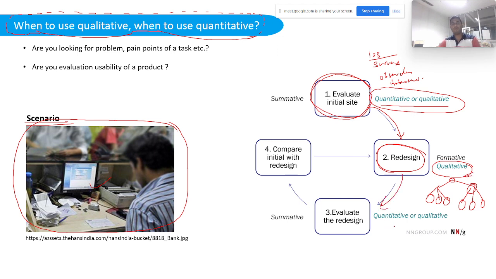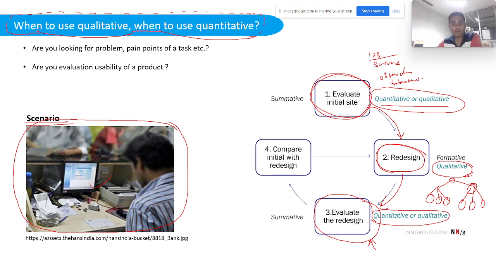Then when you go from the design phase to the evaluation phase again, you choose techniques which are either qualitative or quantitative. For example, qualitative can be something like conducting task analysis, or you can go for walkthroughs and try to identify how is the new interface, how is the redesign.